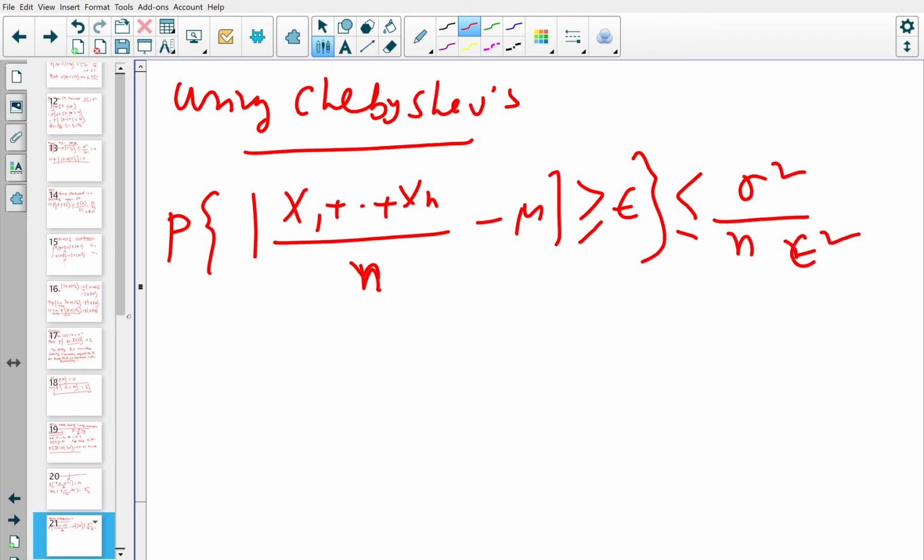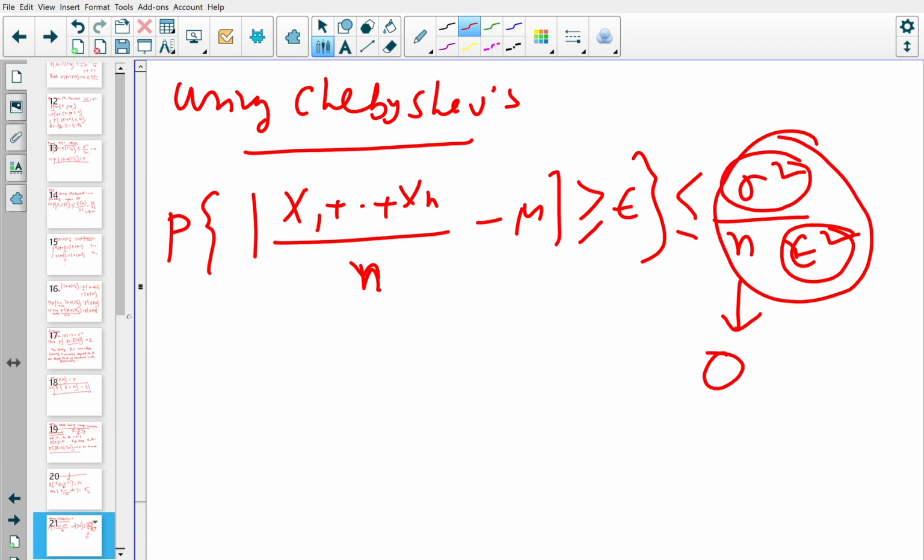Now you see that when n tends to infinity, since sigma square is finite and epsilon is a positive quantity, this quantity tends to 0. You can make the whole quantity as small as possible, using the Archimedean property.